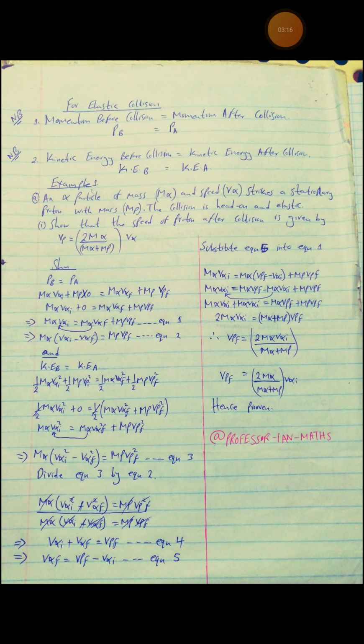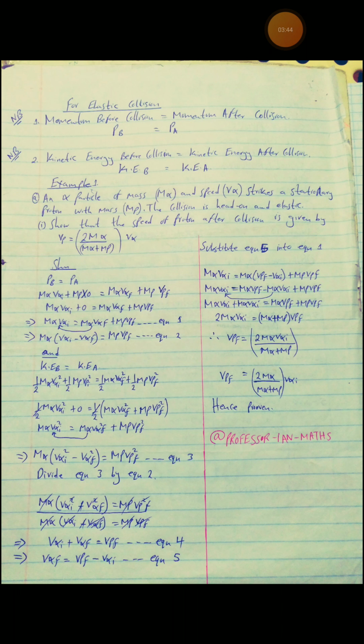And showing the relation for kinetic energy before is equal to kinetic energy after collision, we have a half m alpha v alpha initial squared plus a half mp vp initial squared is equal to a half m alpha v alpha final squared plus a half mp vp final squared.